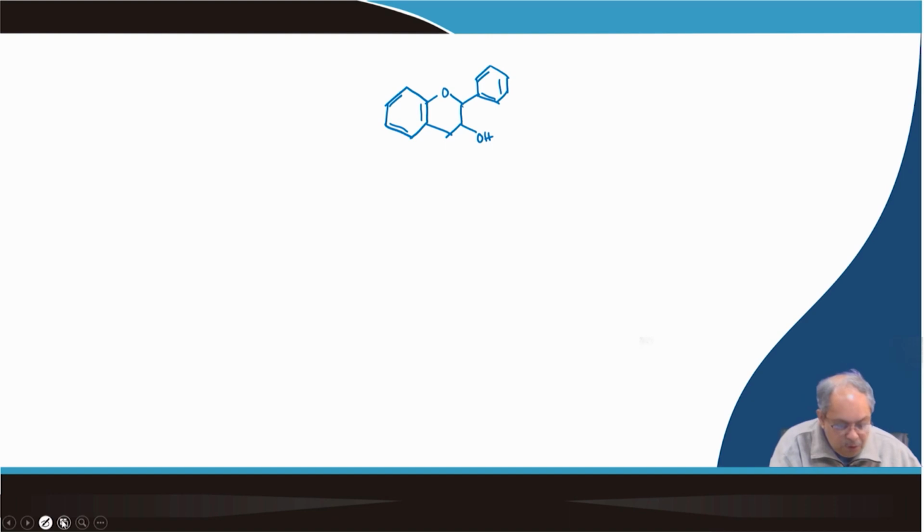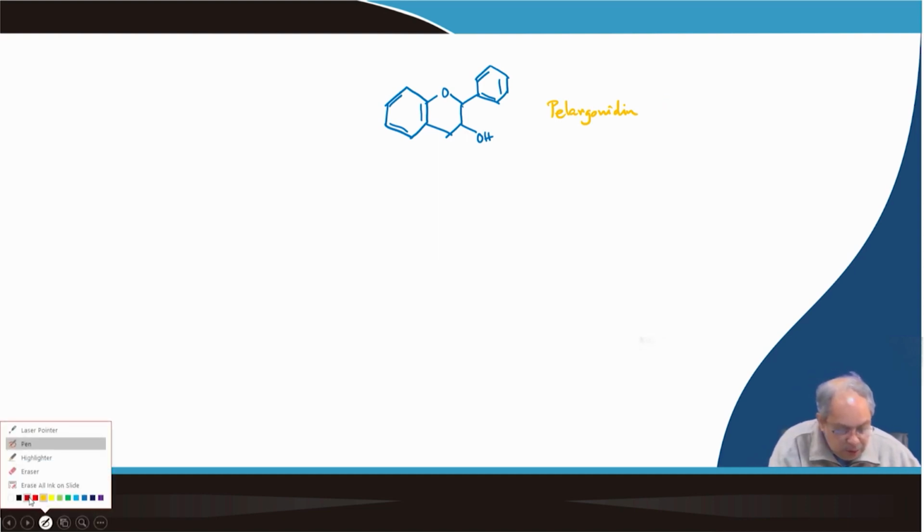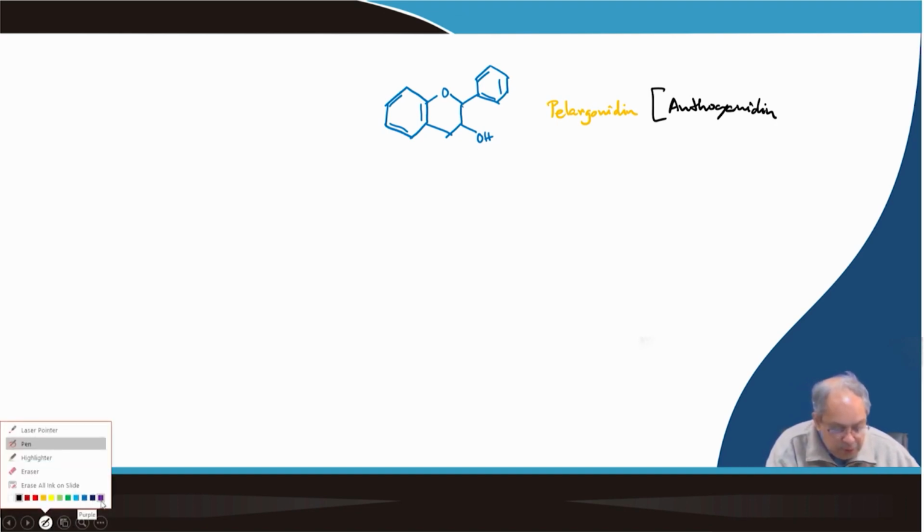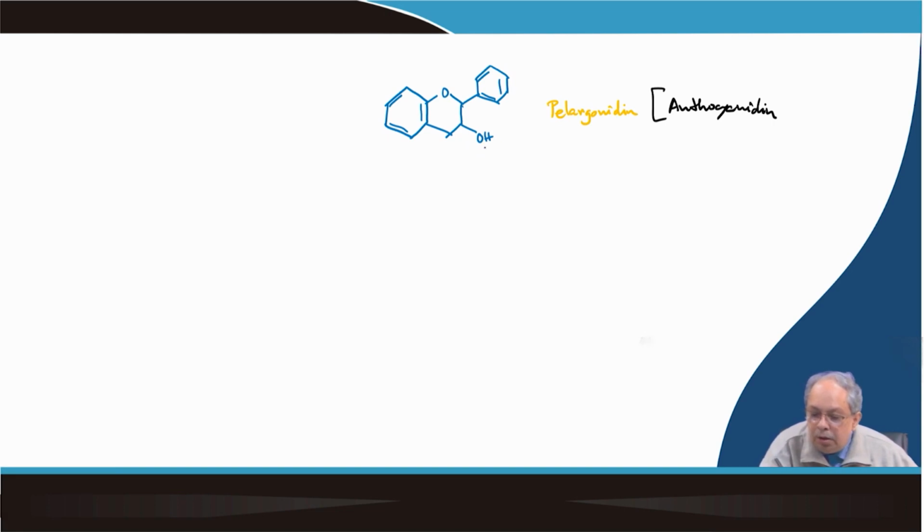So, this is the structure of pelargonidin, which is an anthocyanidin. Now, if this OH is replaced here, the hydrogen is replaced and a sugar is added, then basically it forms pelargonin, sometimes they use this term, which is anthocyanin.